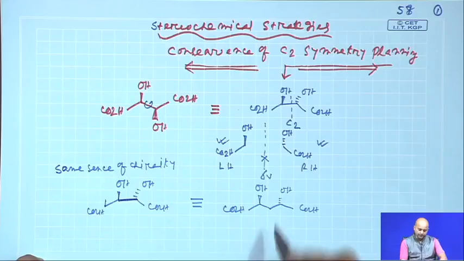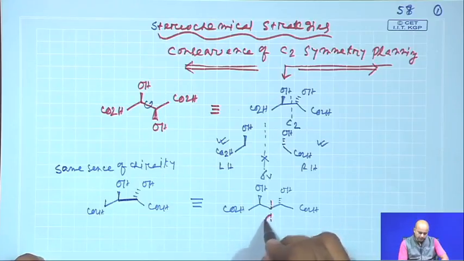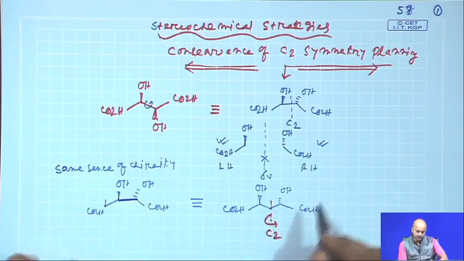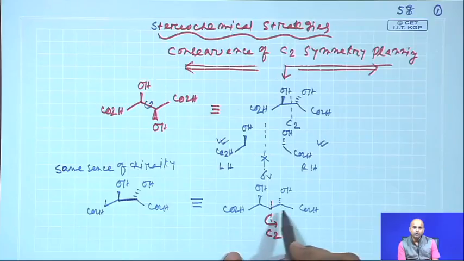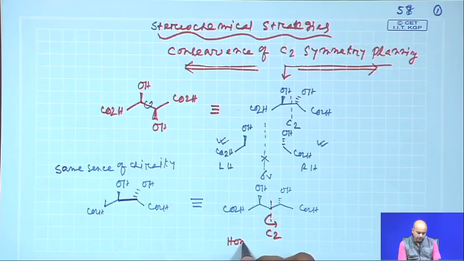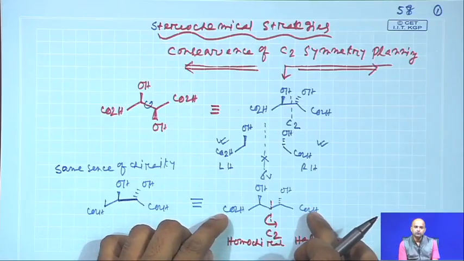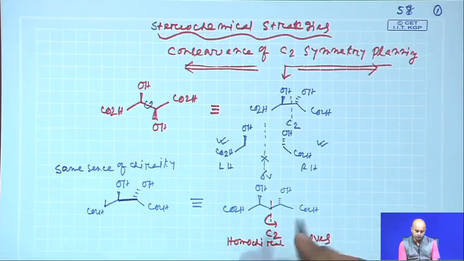This also has perfect C2 symmetry. So you have a methylene spacer, which joins the two homochiral halves. Homochiral means two halves having the same sense of chirality have been fused through an achiral methylene bridge.